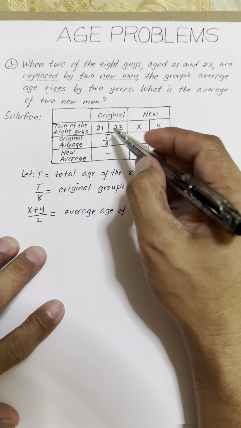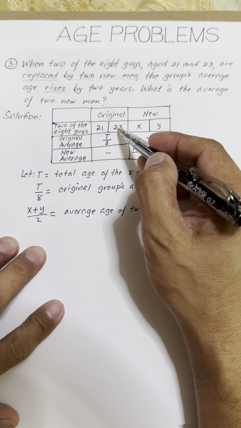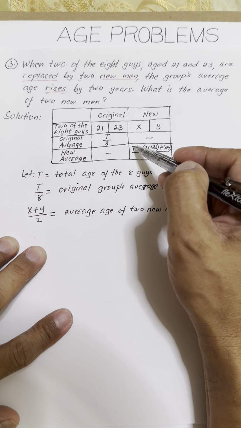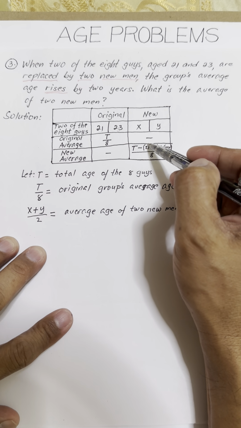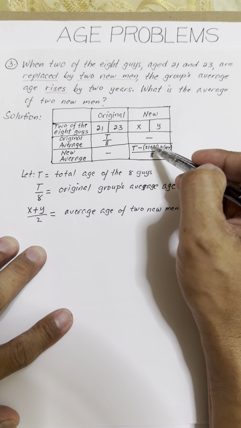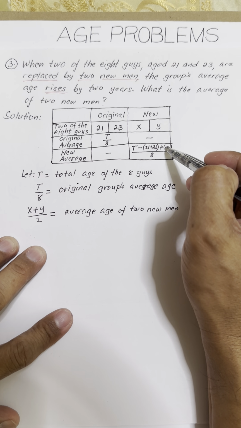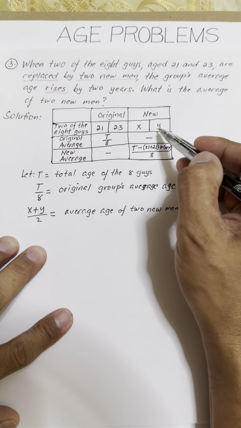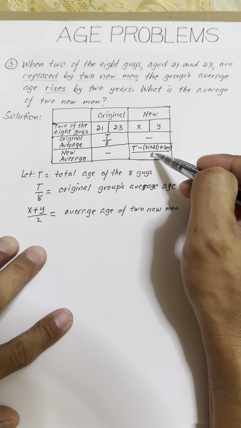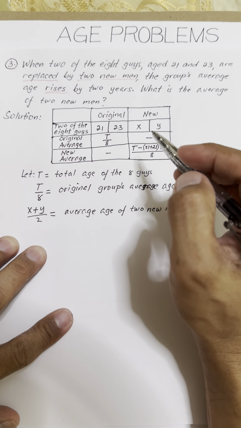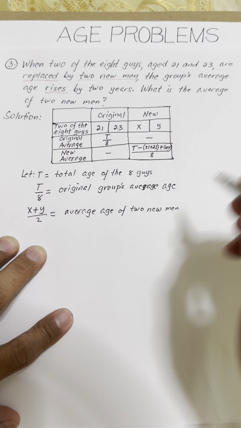When we replace the 21 year old and 23 year old, the new average becomes T, the total age, minus the ages of the 2 persons removed, plus the ages of the 2 new men, still divided by 8 because there are still 8 people in the group.